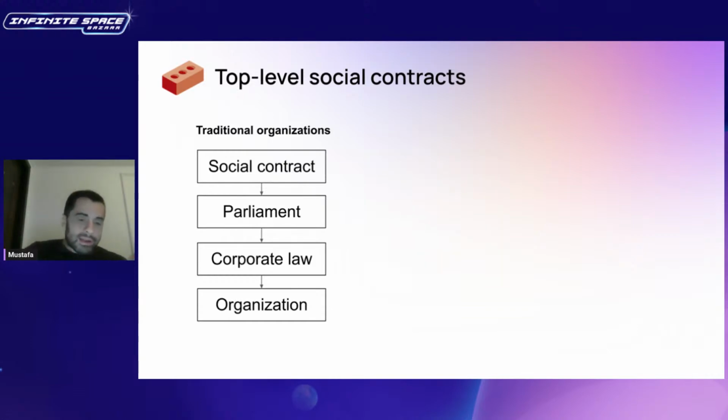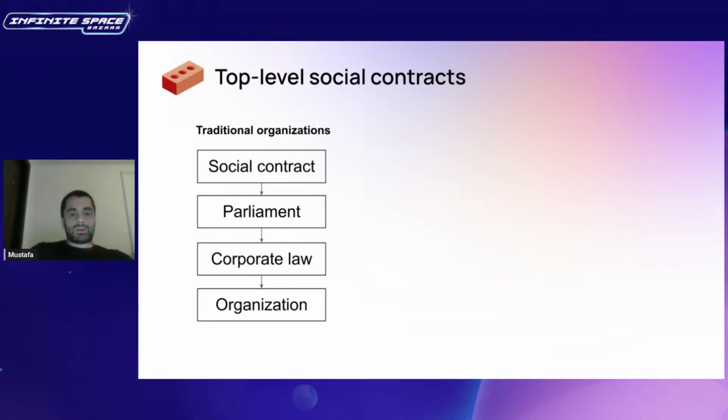If you think about traditional organizations, an organization or a company is basically a social contract among the participants in the organization, like the shareholders, the employees, anyone who has a contract with the organization. But what actually enforces the social contract or the contracts that organization has? Well, effectively, you have a legal system that does.